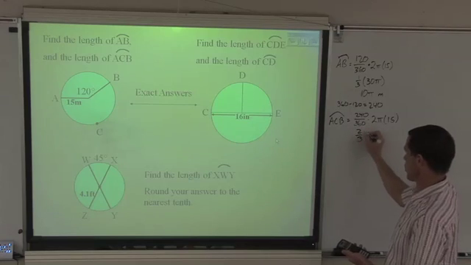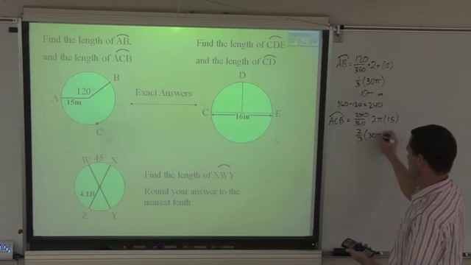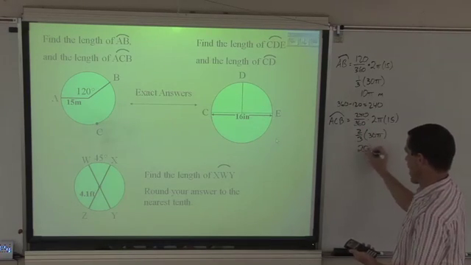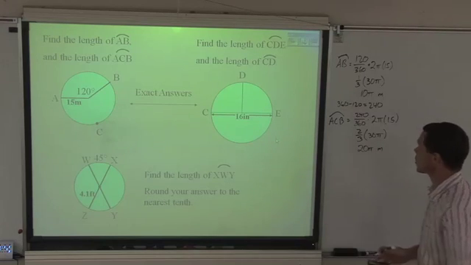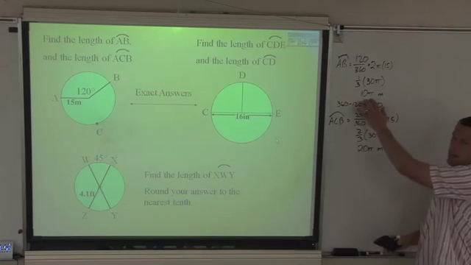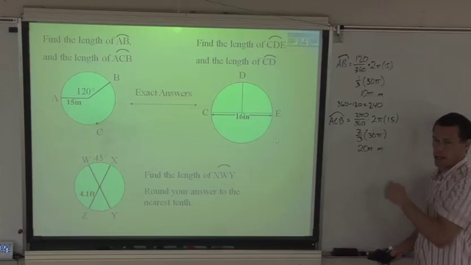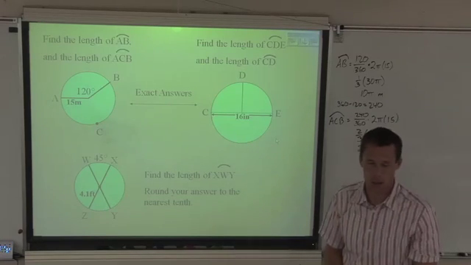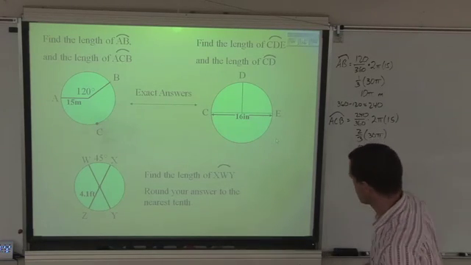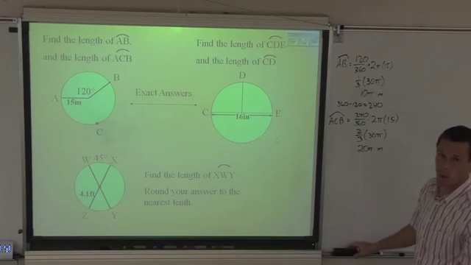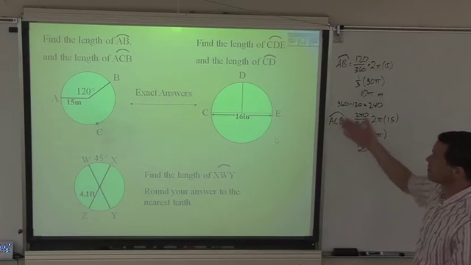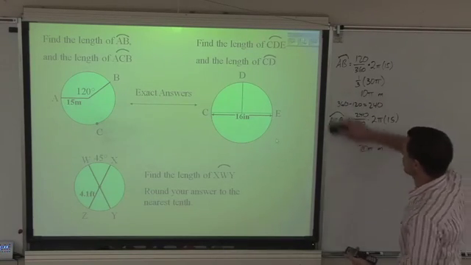This is 2/3 of 30 pi, which becomes 20 pi. So the smaller arc, 10 pi, the major arc, 20 pi, together they would create the entire circumference. There's example number 1. Hopefully we've written this down. Let's look at example number 2.